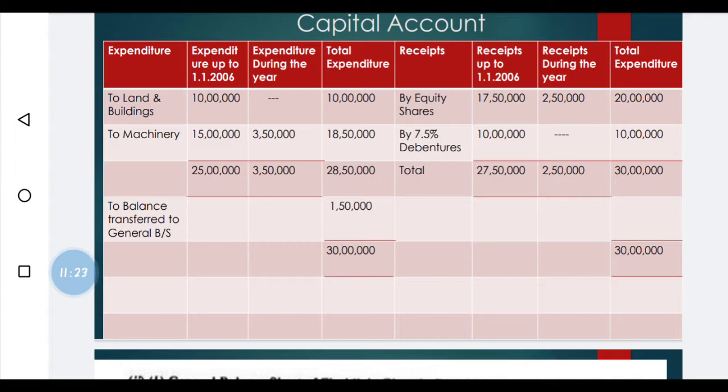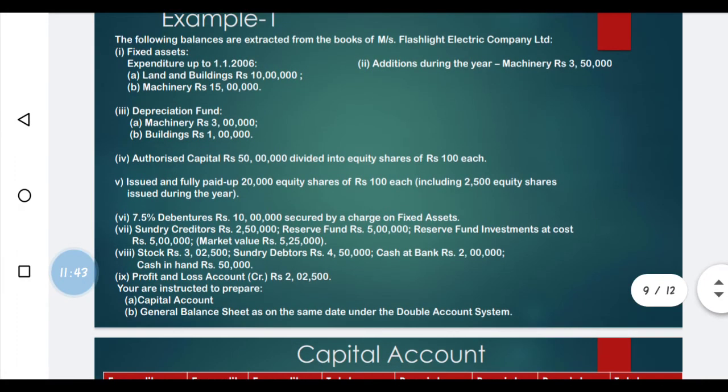Please correct that, it is not total expenditure, it is total receipts. So here first you take the receipts. How you got it, I already explained, by equity shares. Equity receipts up to 1/1/2006 is 17,50,000, and receipt during the year is 2,50,000. See, I'll explain again.